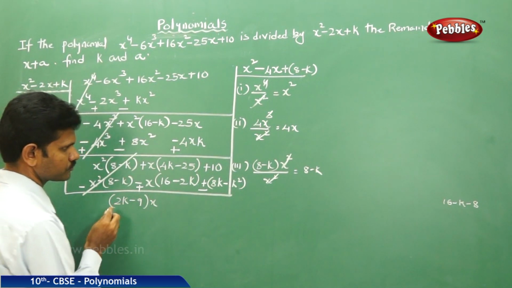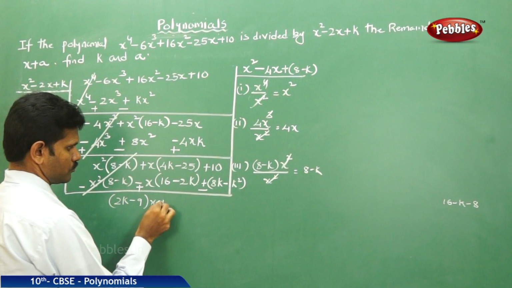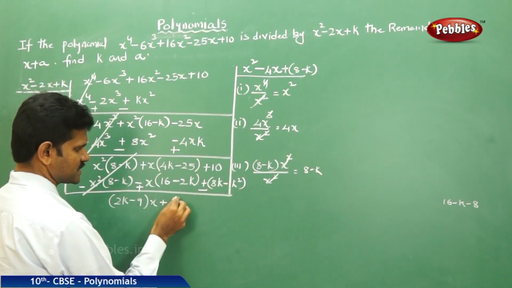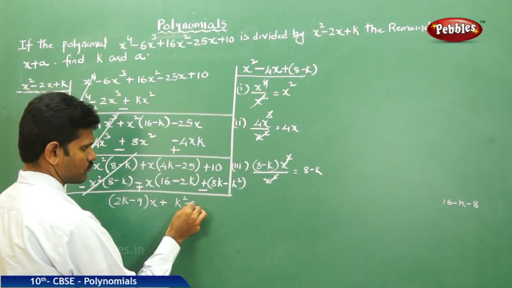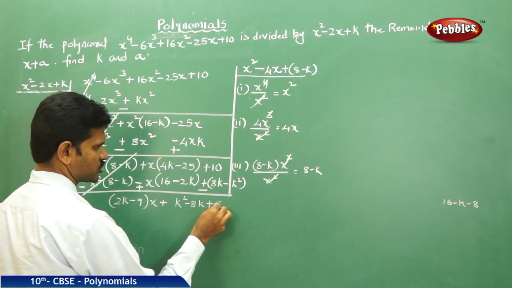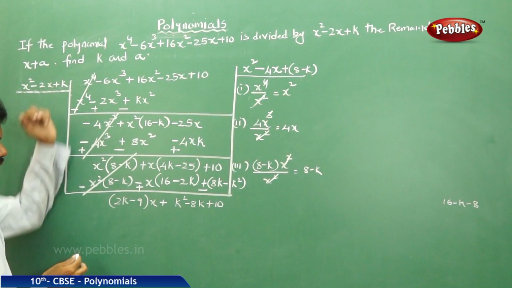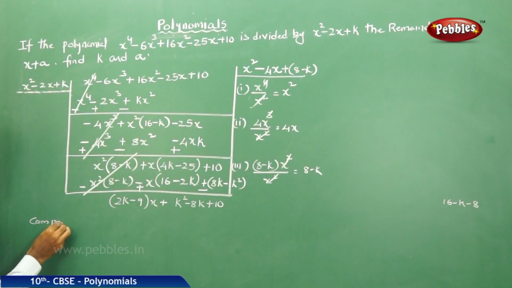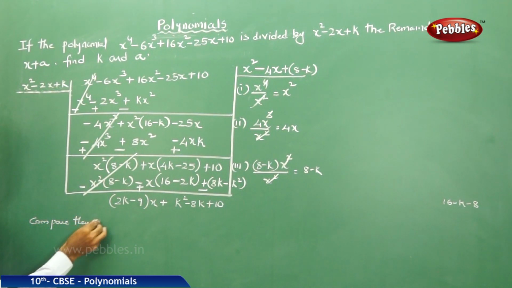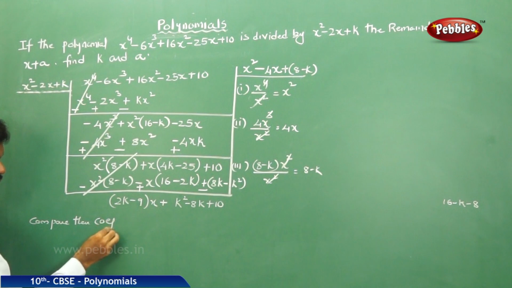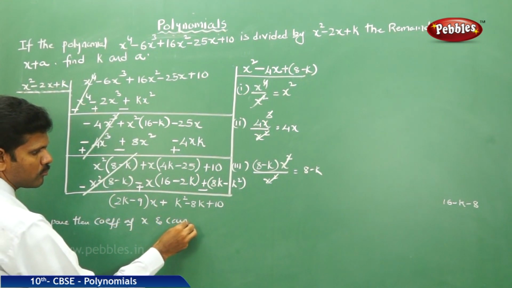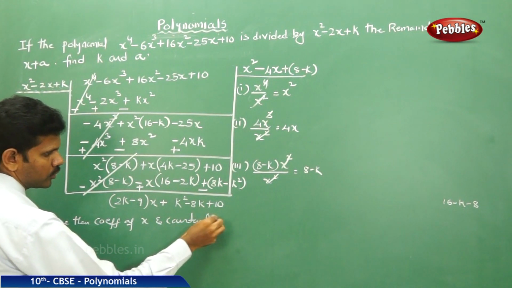Next, the constant: minus into minus plus, k^2 minus 8k plus 10. Now compare the coefficients of x and the constant.